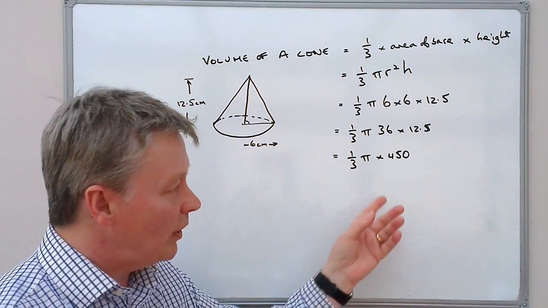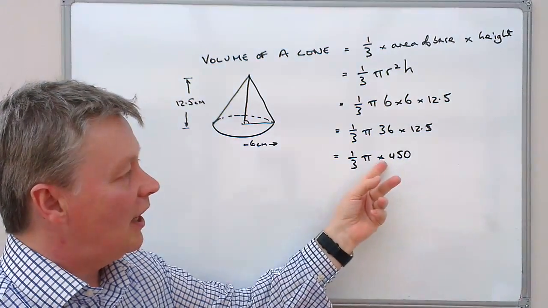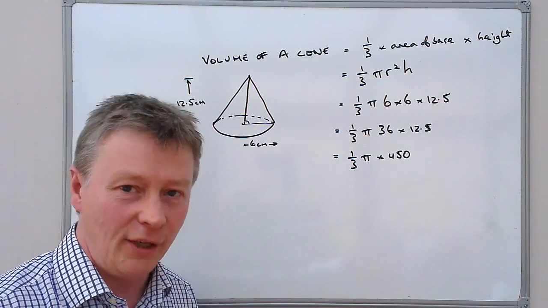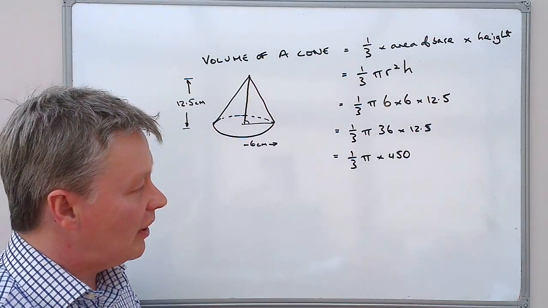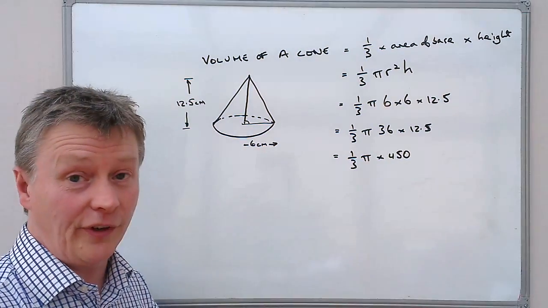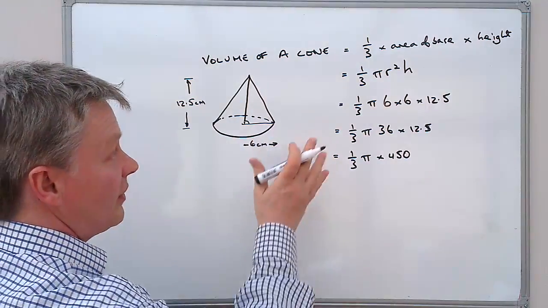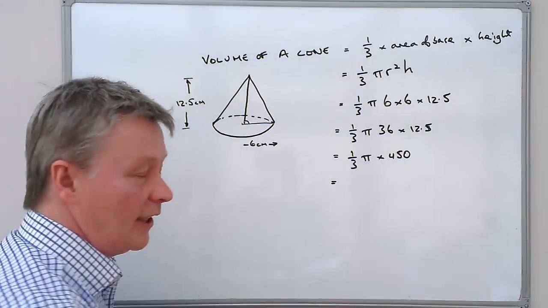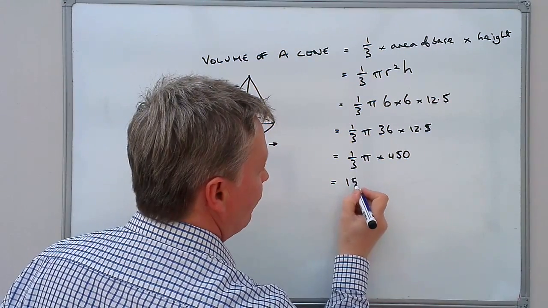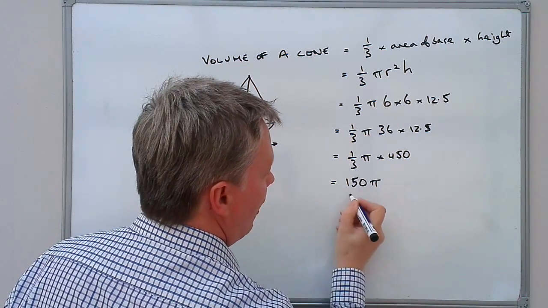And actually, when you look at these, generally speaking, the figures should work out fairly well for you, because 1/3 times 450 is 150. So in order to answer this question in terms of pi, it would be 150 pi.